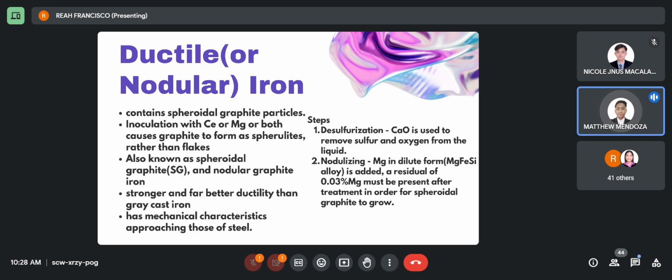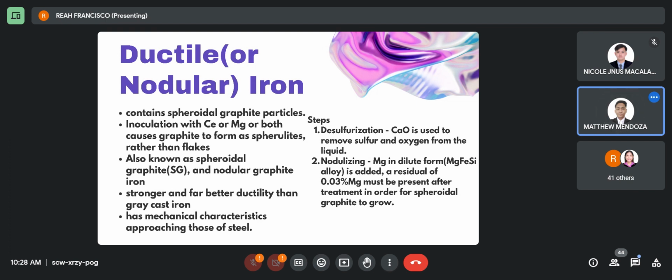So the addition of magnesium or cerium is to prevent the formation of graphite flakes during the slow cooling of the iron. It is also known as spheroidal graphite or nodular graphite iron.